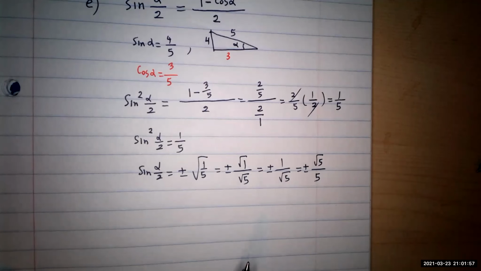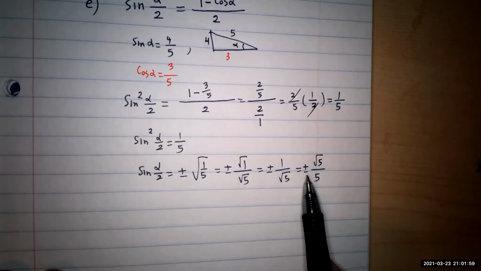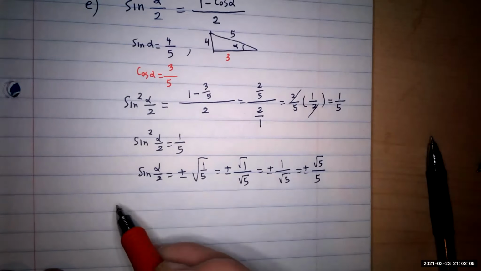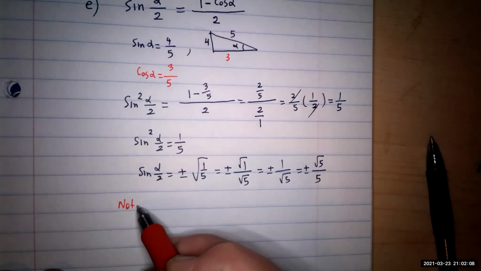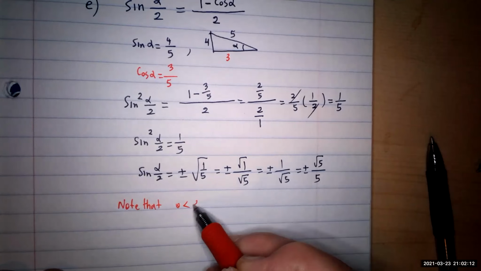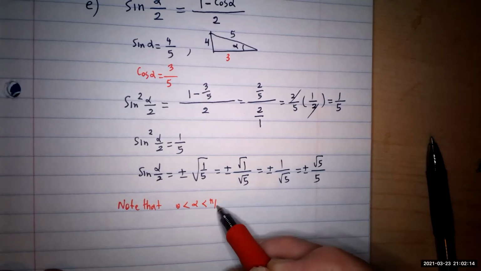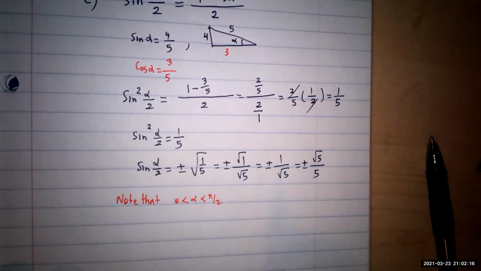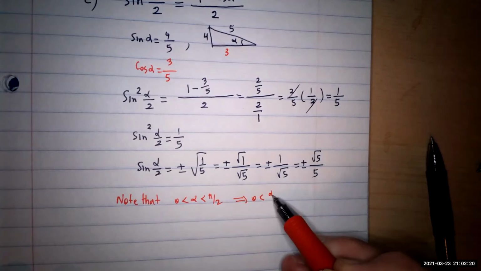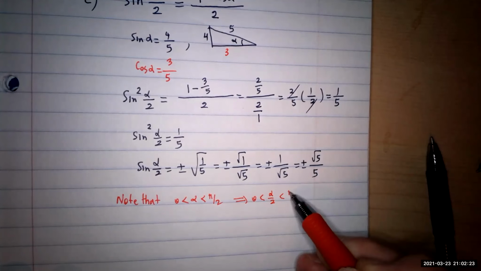But the question is, are you going to get the positive or the negative? So we have to decide. Note that your alpha is between 0 and pi/2, in the first quadrant. But this is divided by 2, so alpha/2 is between 0 and pi/4.